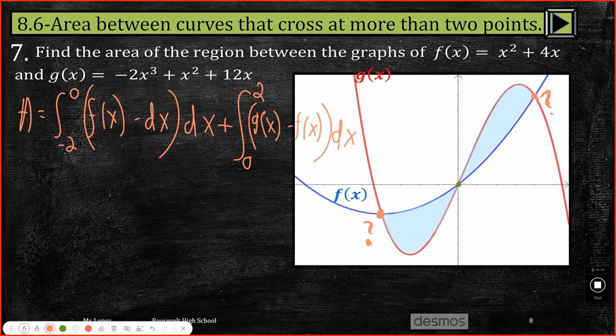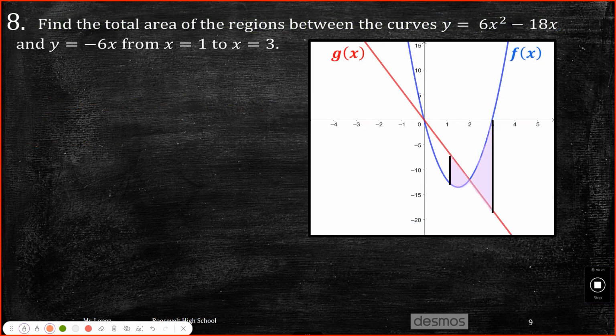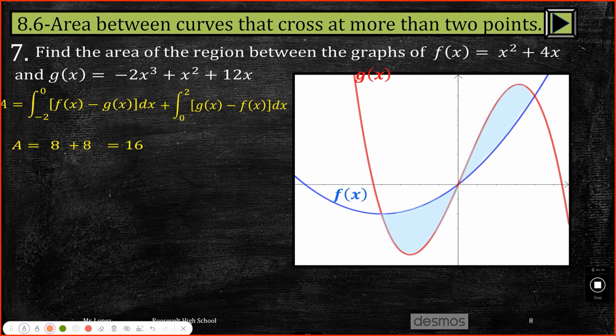What'd you guys get? 16. I got 16. I got 16. Let me see. I got 16. You add them. That's kind of like the idea, I think, and that's enough.